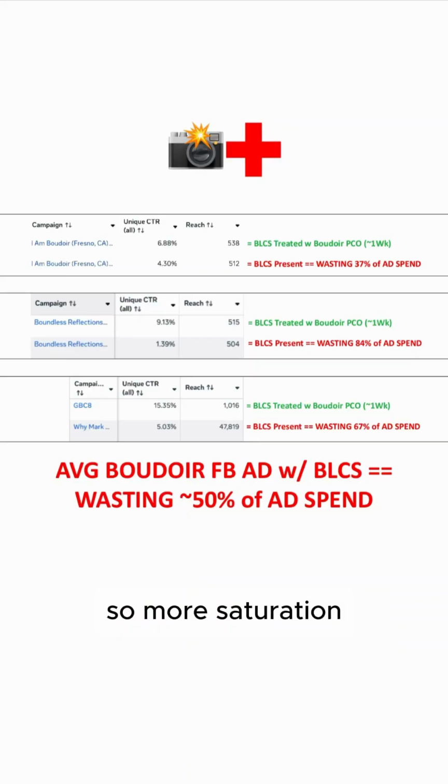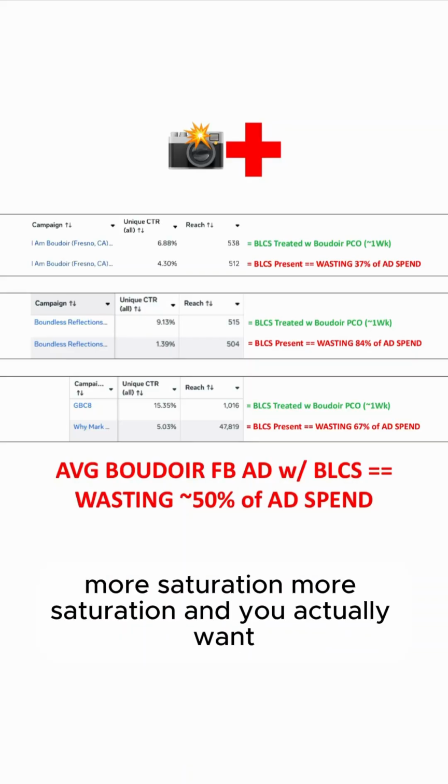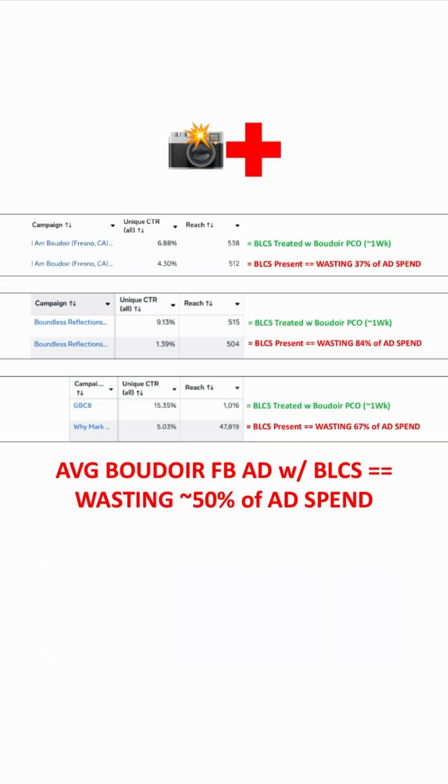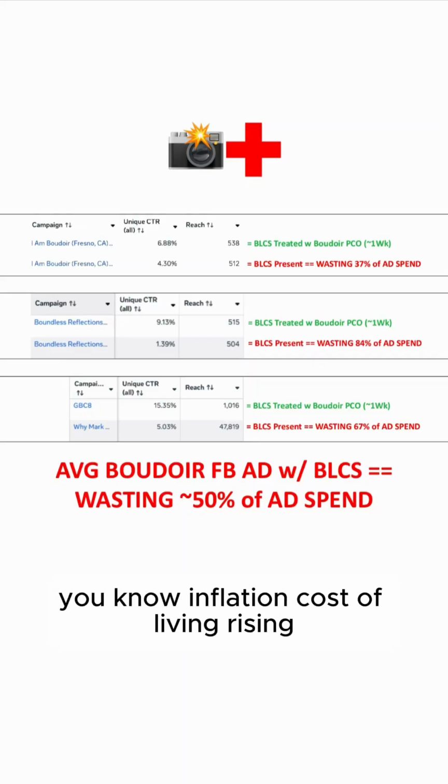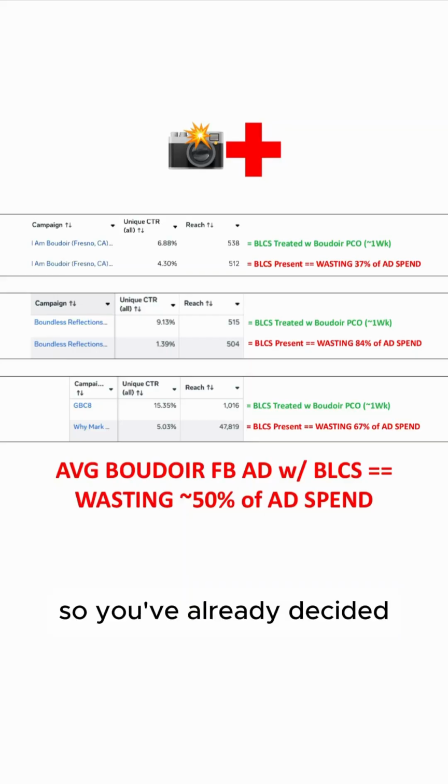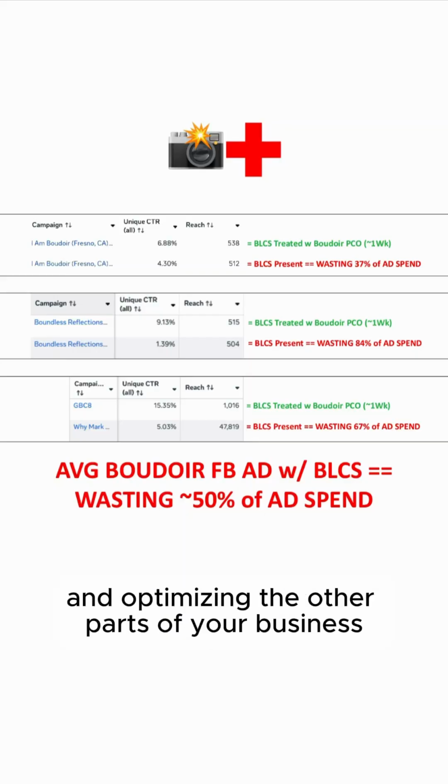So more saturation, and you've also been seeing inflation, cost of living rising. So you've already decided you're taking profits and optimizing the other parts of your business.